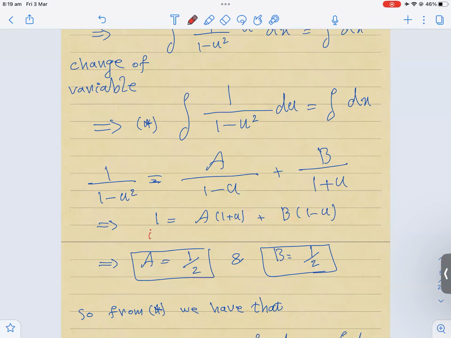So if u is equal to 1, 1 equals a times 1 plus 1, plus b times 1 minus 1. So this will be 0. Therefore, from here, I conclude that a equals 1 over 2. Similarly, by substituting u equal to minus 1, I get b equals 1 over 2.